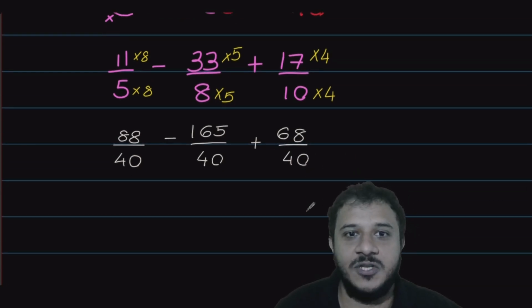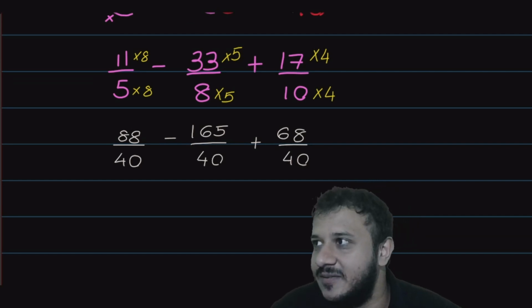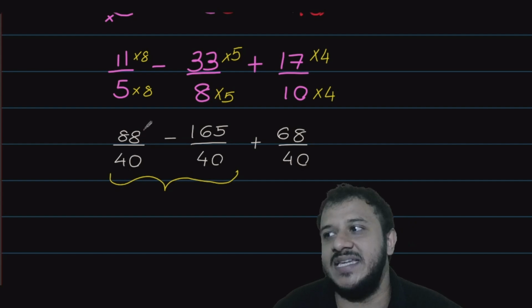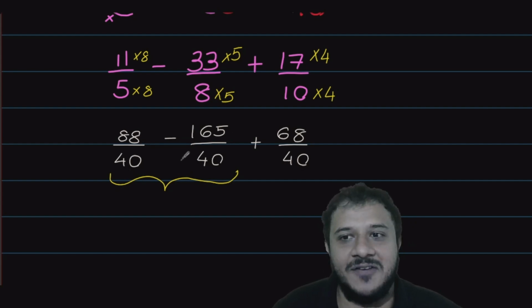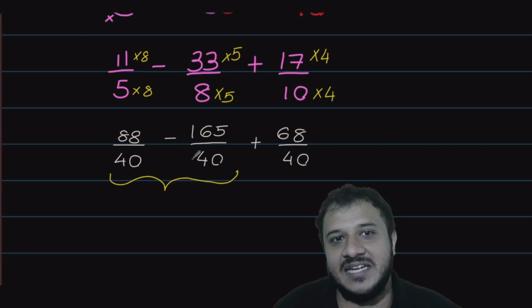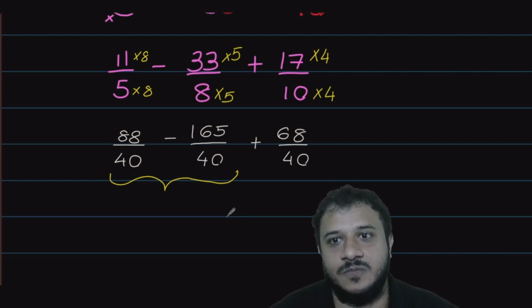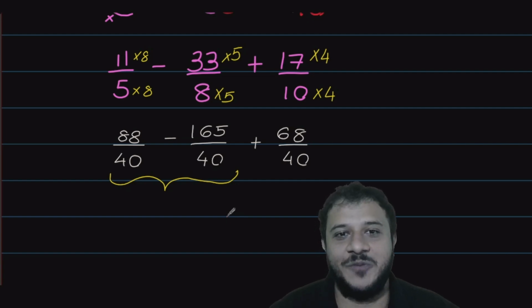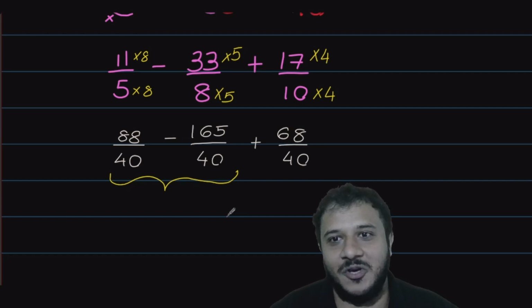Now, this is going to involve a bit of negative numbers as well. Who can quickly tell me what is 88 minus 165? You all know negative and positive numbers, so you should be able to get this answer done. 88 take away 165.